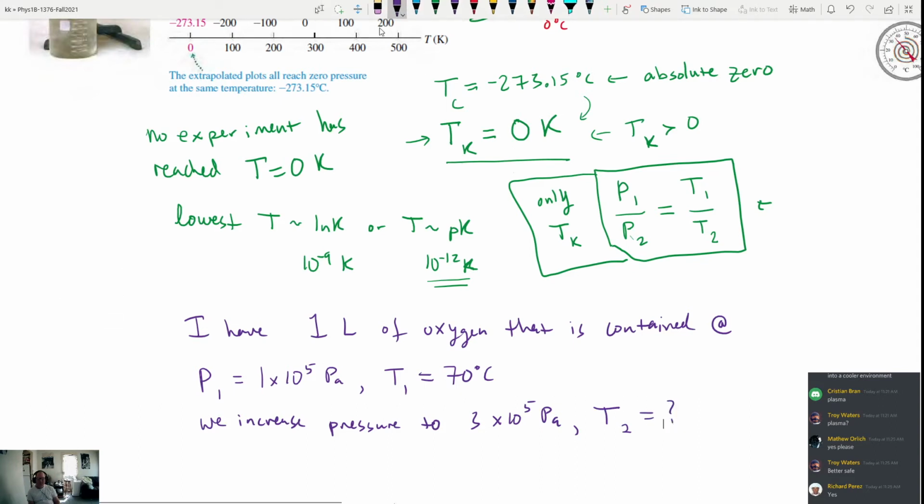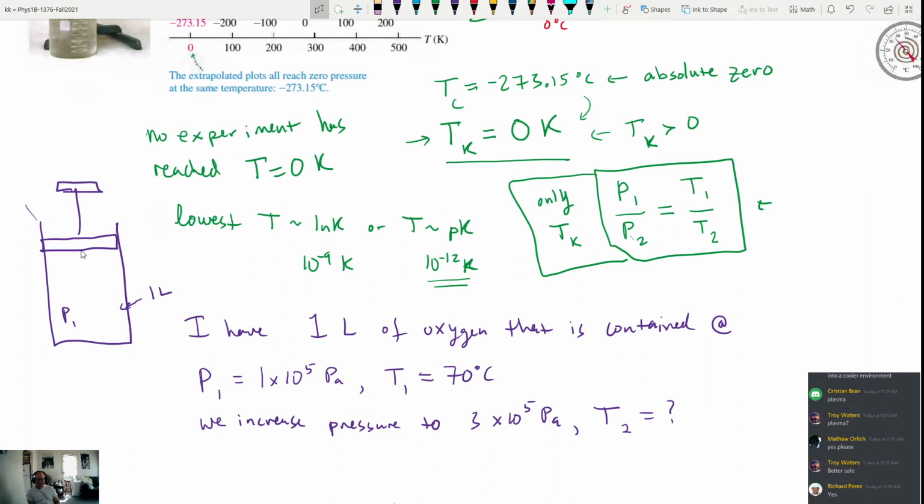Well, maybe you've got a system like this, and I've got a piston on the top. This kind of thing we're going to see a lot in this class. So I've got a piston up here, and I have 1 liter of oxygen in here. None of it's going to leak out, okay? And I know that the pressure right now is P1.